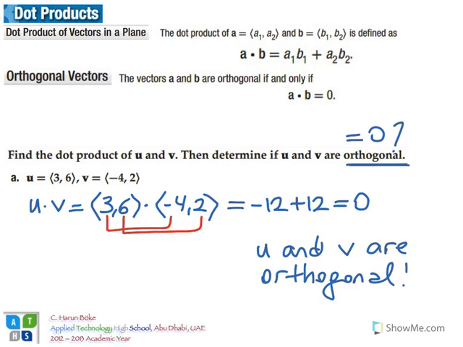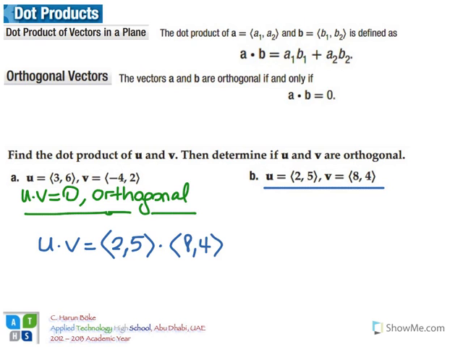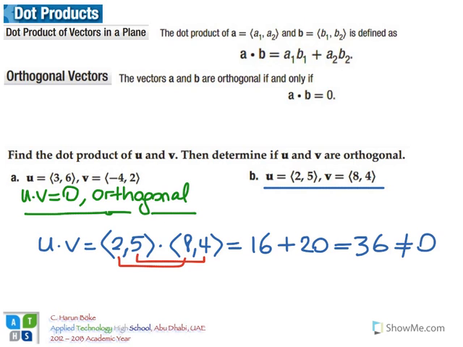Let's see another example. Again, we are given two vectors, so let's calculate the dot product: (2, 5) dot (8, 4). It will be 2 times 8, which is 16, plus 5 times 4, which is 20, so it will be 16 plus 20, which gives me 36, which is not 0 for sure.